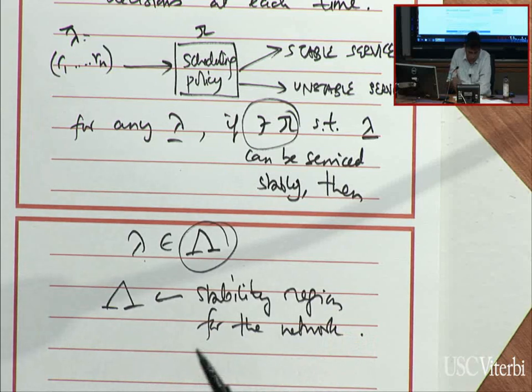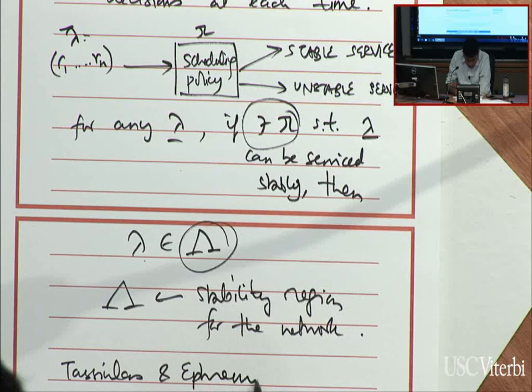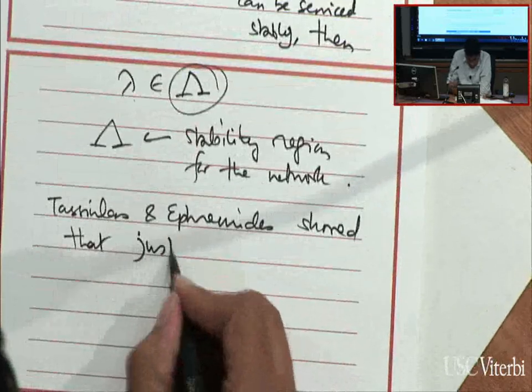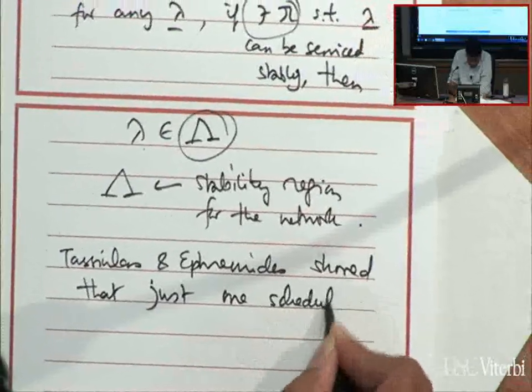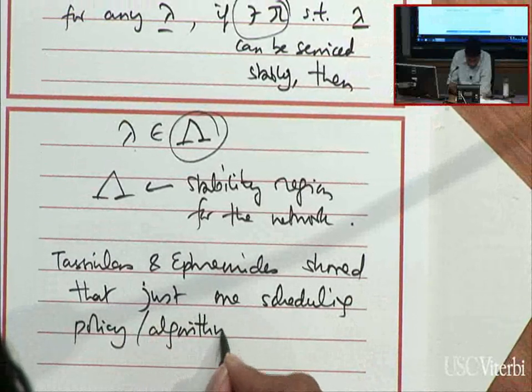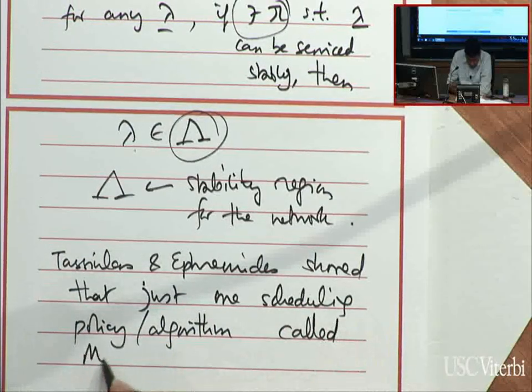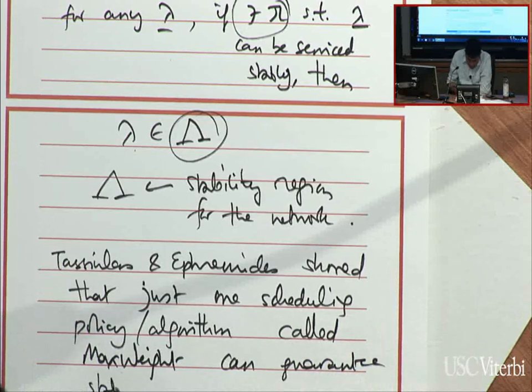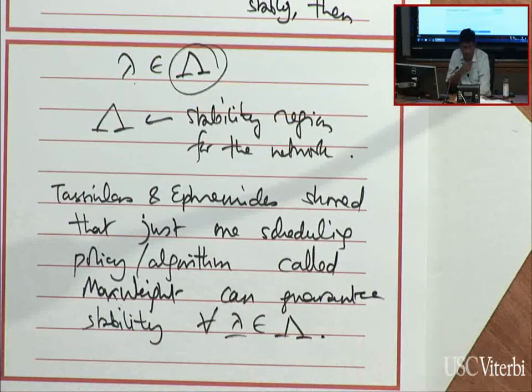Does that make sense? So just one scheduling policy or algorithm called max weight can guarantee stability for all lambda in Lambda.